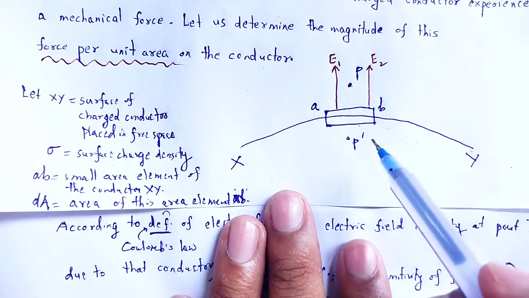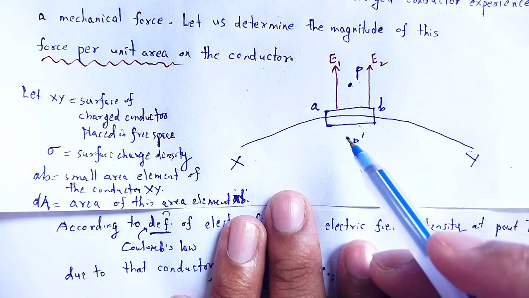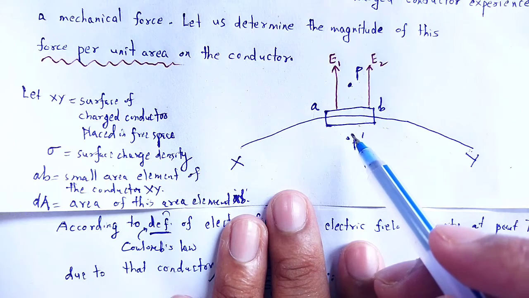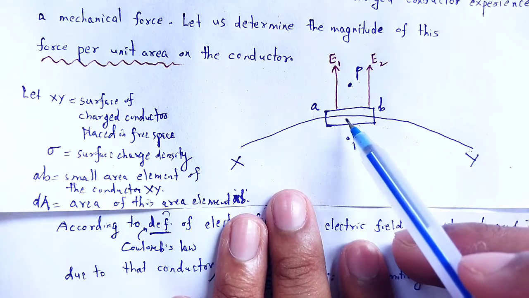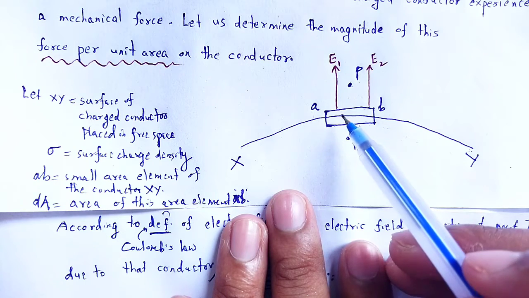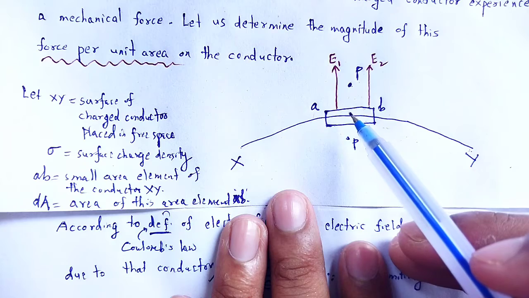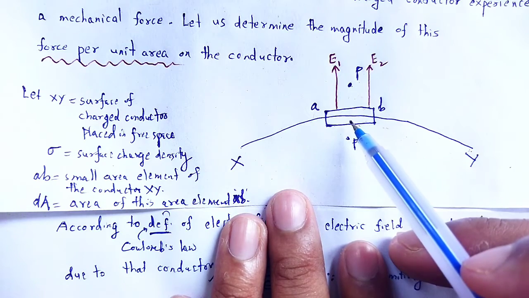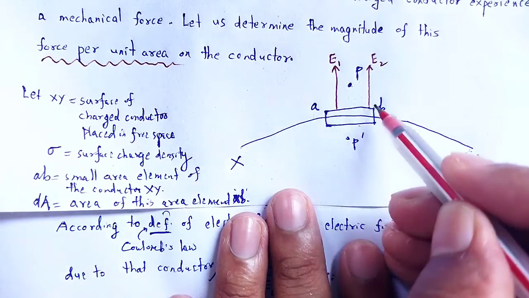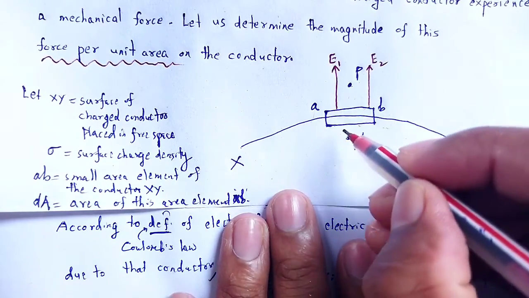The electric field intensity E1 at point P dash due to the element AB is of the same magnitude, because P and P dash are situated very close to element AB, but in the opposite direction. So due to element AB, the electric field intensity at point P dash will be how much?